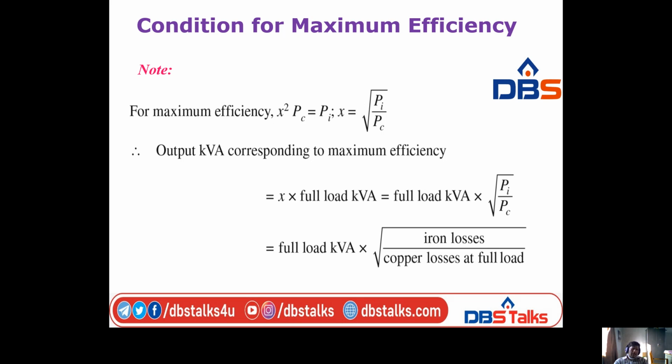Now this is the most important: output kVA corresponding to maximum efficiency equals X into full load kVA, that is full load kVA multiplied by the square root of iron losses by copper losses at full load.